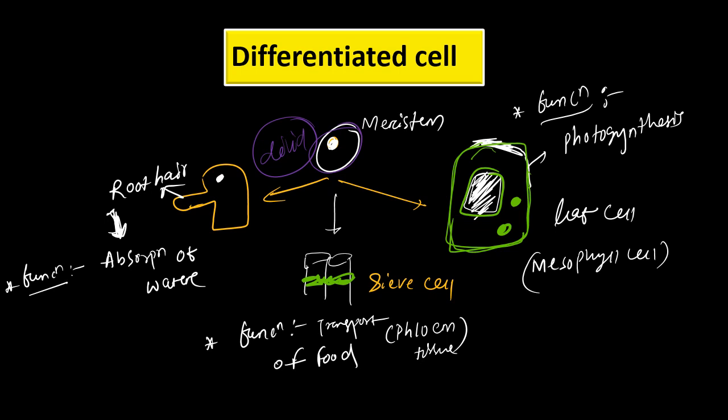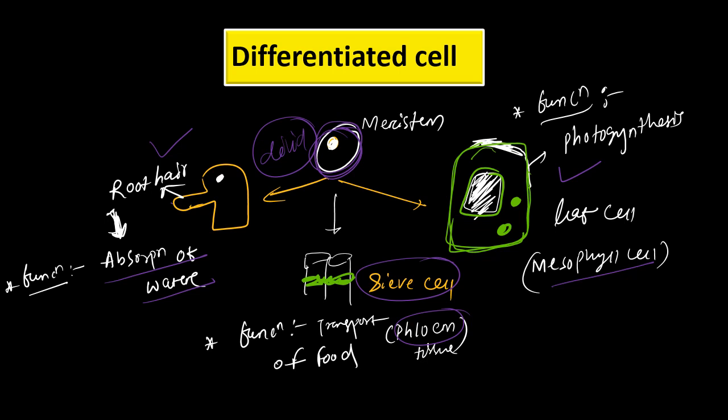Let's consider some examples: root hair cell, leaf mesophyll cell, and sieve cell of the phloem. So what function do they gain? Root hair cell gains the function of absorption of water.